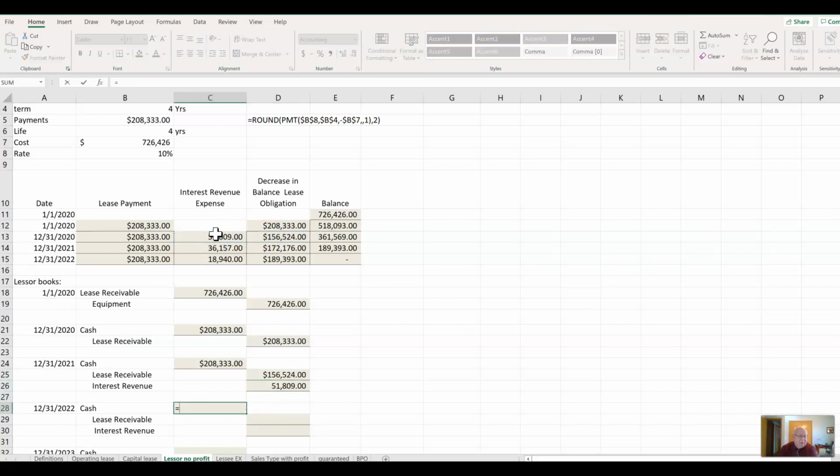And for this 22, it's the one. So this is the cash over here, getting the 22, and lease receivables 189, and interest.